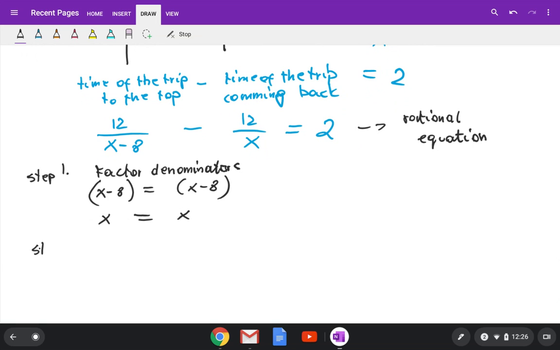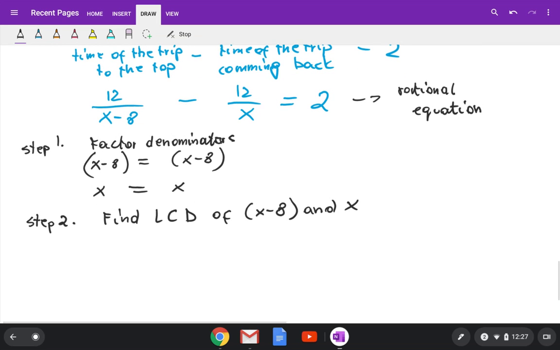Step 2, find the least common denominator of x minus 8 and x. So your least common denominator, you have to multiply them.